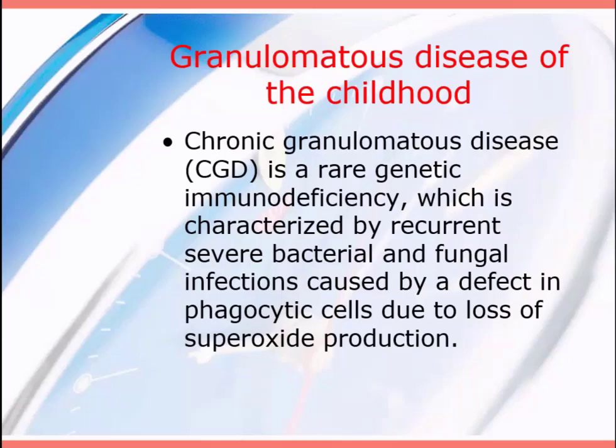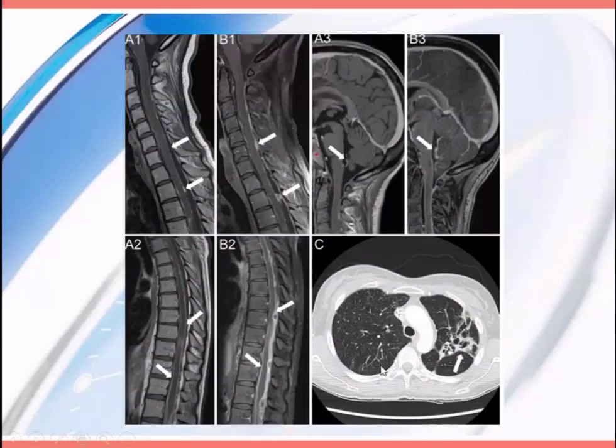But in patients having granulomatous disease of childhood, the phagocyte cannot engulf the staph, and this leads to severe infection. Usually, the patient first complains of severe chest infection, like in this case, and then he may also have spinal cord or bone infection, osteomyelitis, and epidural abscesses.